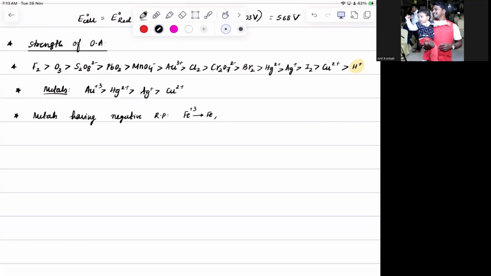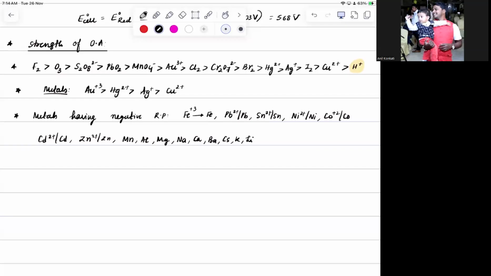Like that, if you take Pb2 plus to Pb, Sn2 plus to Sn, nickel 2 plus to nickel, cobalt 2 plus to cobalt, cadmium 2 plus to cadmium, zinc 2 plus to zinc, manganese, aluminium, magnesium, sodium, calcium, barium, cesium, potassium, and last comes lithium.